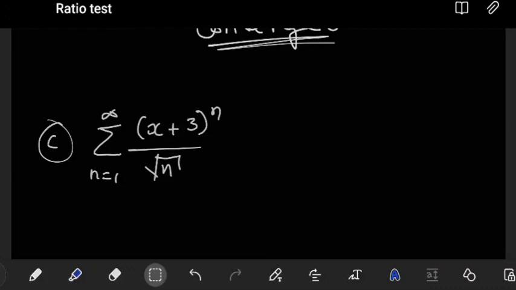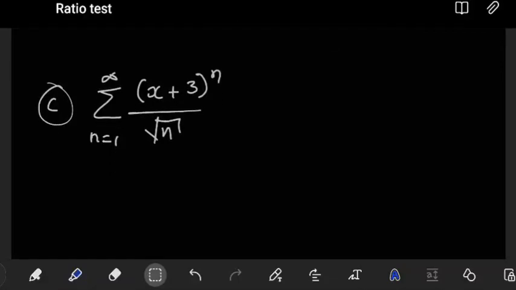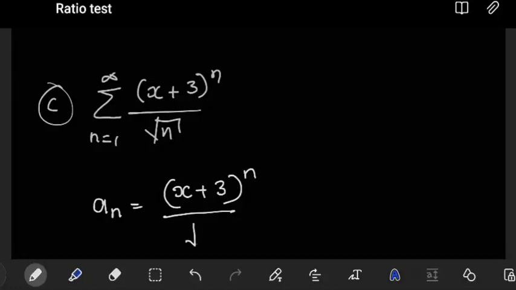In our last example, we're now going to look at this power series here, and we want to see if this converges or diverges. And we're going to do it by using the ratio test as well. So clearly from here, we can see that our an is going to be the exact expression that we have, which is x plus 3 to the power n over root n.